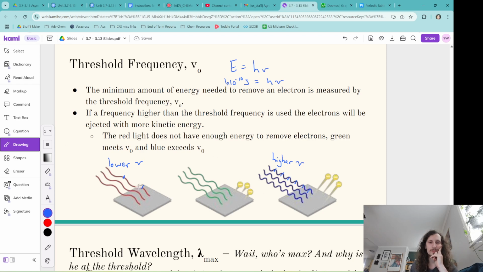And we can see represented here that the higher frequency over here is exceeding the binding energy. The one in the middle is exceeding the binding energy. The one on the left is not exceeding the binding energy because it's got that lower frequency. Then you aren't going to get those electrons ejected.